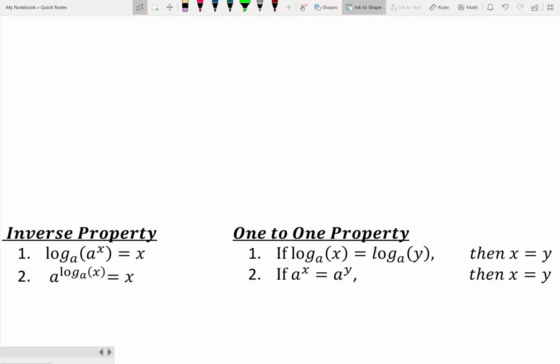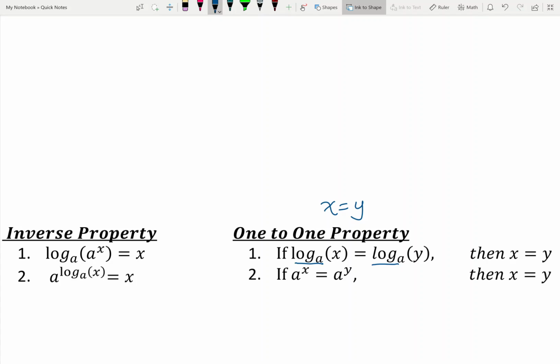And the two main tools you're going to be using, you're going to be using other tools as well, but the major tools you'll be using to solve for a lot of these variables will be the inverse property and the one-to-one property. So remember what the one-to-one property says: if you can get log base a of something equaling log base a of something else, then that something must equal that something else, right?